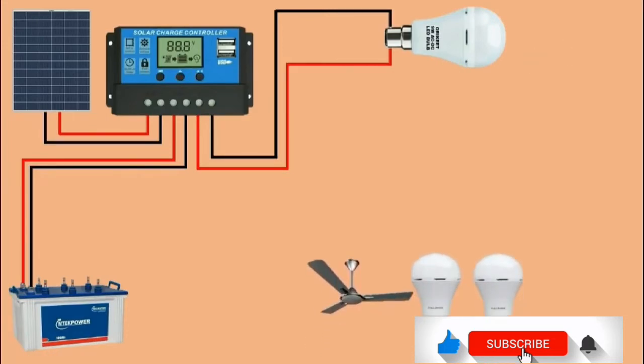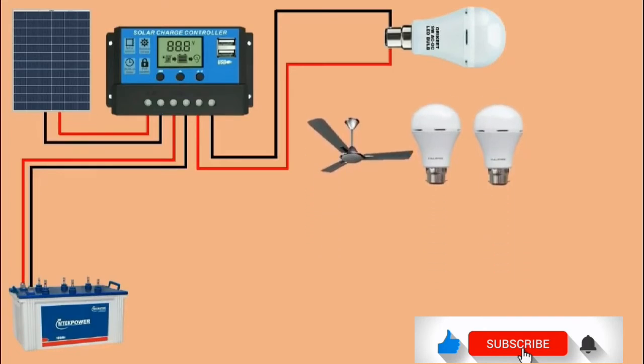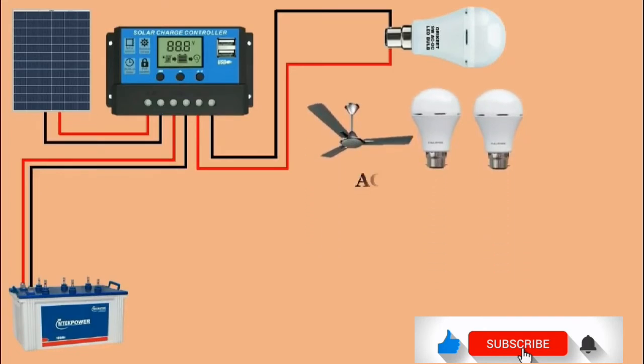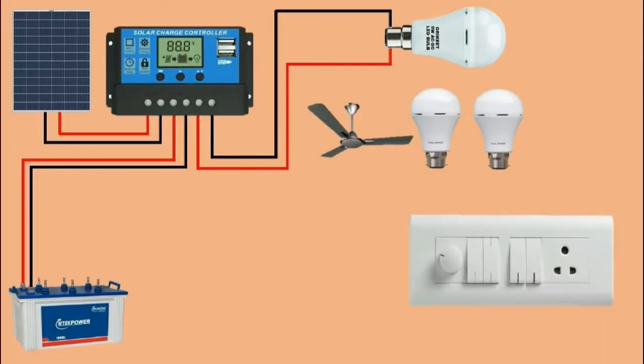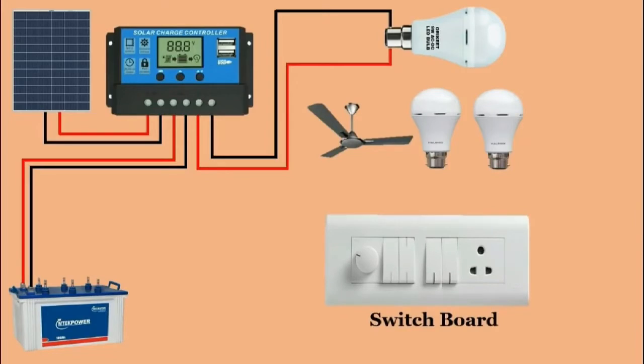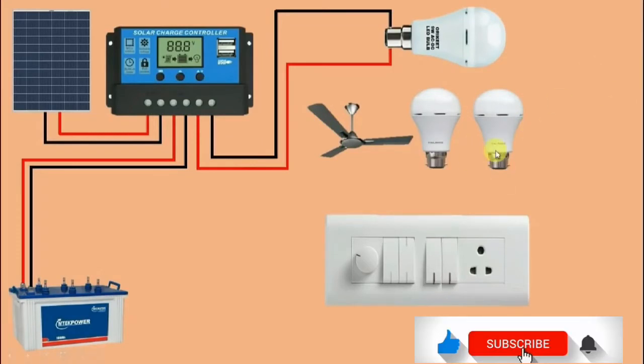In a situation whereby AC appliances are to be connected to the system, such as the fan and our bulbs or socket outlet, these AC-based appliances do not run on DC current. That is, they do not run on the voltage or current that has been generated from our battery.